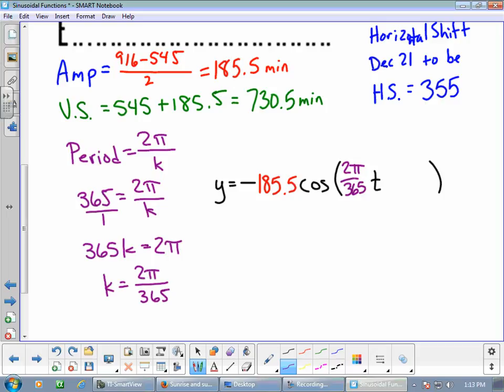Now, we talked about the shortcut, right? Where we don't have to deal with finding the value of c by doing this. We talked about that the other day. And then in this case, I can just input here the opposite of my horizontal shift. So I can write this as minus 355, plus 730.5. Yeah, that looks gross. But it's done.